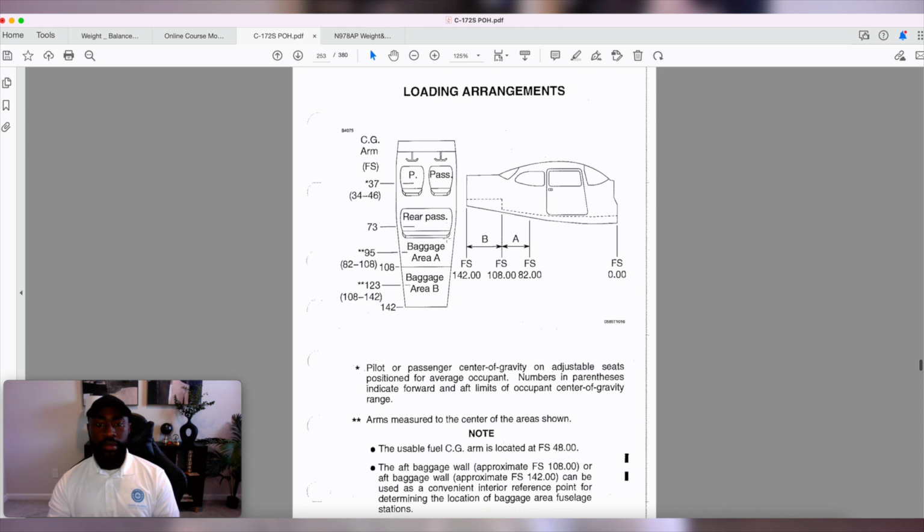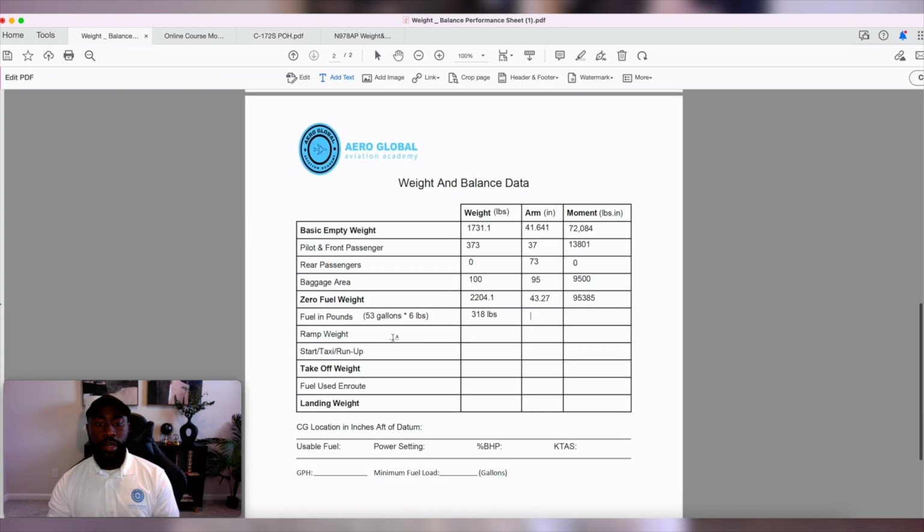So 48, somewhere close to this point right here, and that's typically where the wings of the aircraft are, because the fuel tank is located in the wings, right? So we're going to be using 48 as the arm for our fuel. Wherever we encounter the fuel, we're going to use 48 as the arm of our fuel. So we just multiply 48 by 318 and we get the moment for this row right here. So it's going to be 15,264.